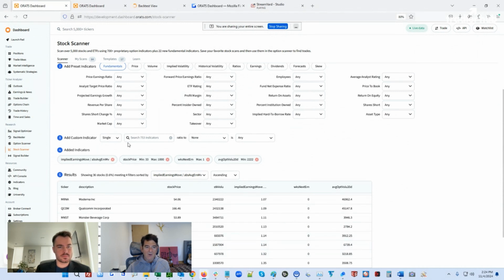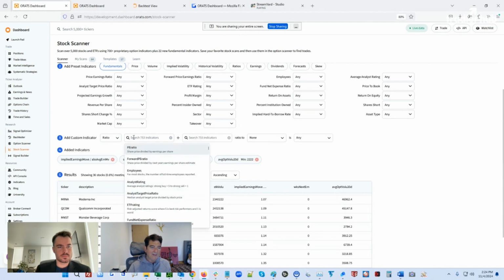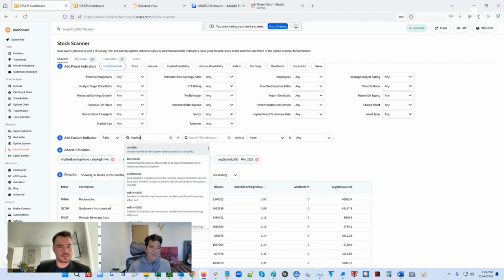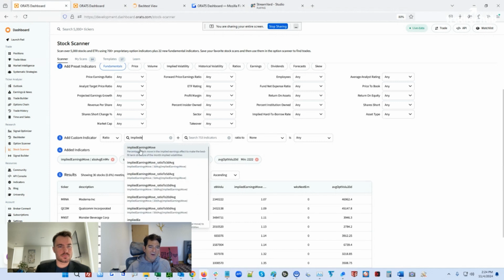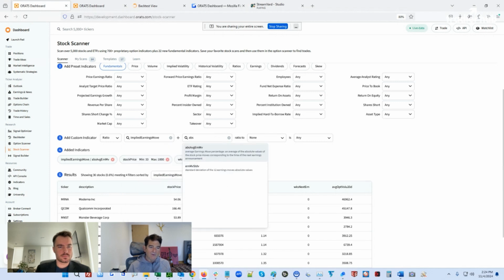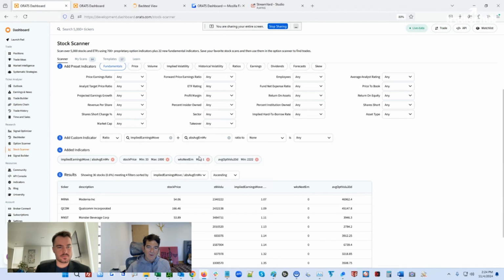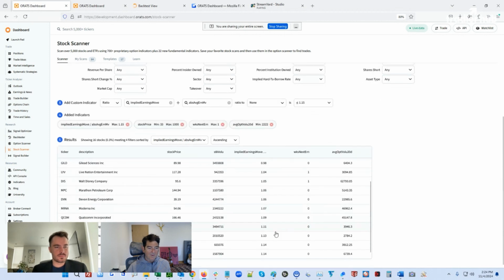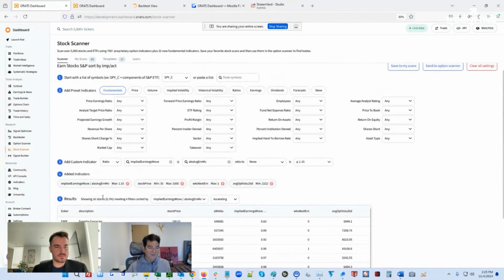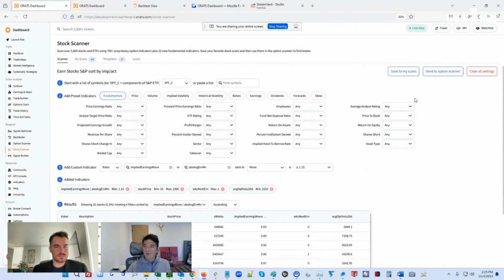Let's set the implied earnings move divided by the absolute to be like under 1.15. So we'll only have a few of them here. Yeah. Okay. So now we have 16 stocks saved in my scans.